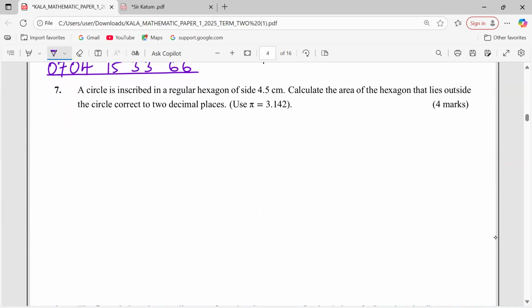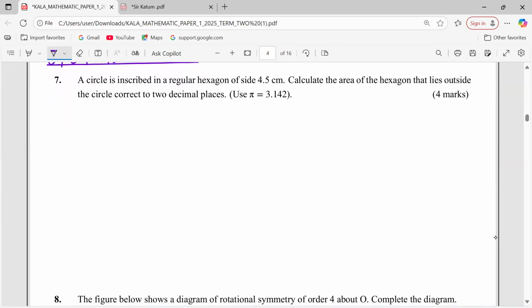The pi to be used, 3.142. So we're going to say that there is a circle here.